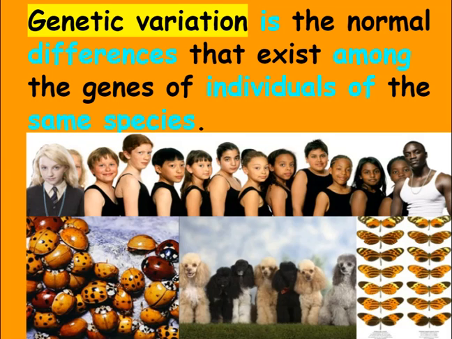And genetic variation is the normal differences that exist among the genes of individuals of the same species. And I'm just giving you a few examples here. Of course, humans, you can just look around everywhere. We're so varied in our traits and how we look, and you can see definite variation within our species. With other species, it's not quite as easy, but you do see it.